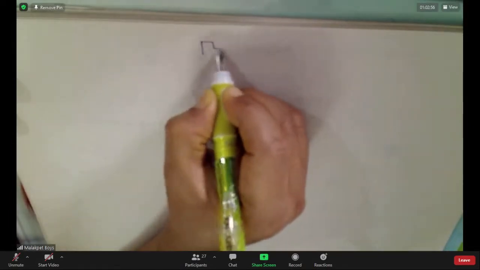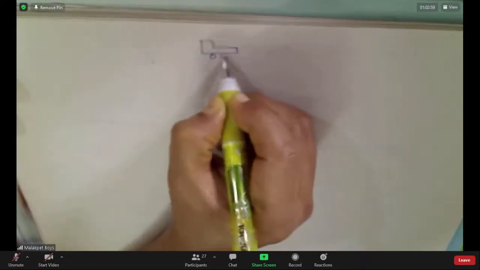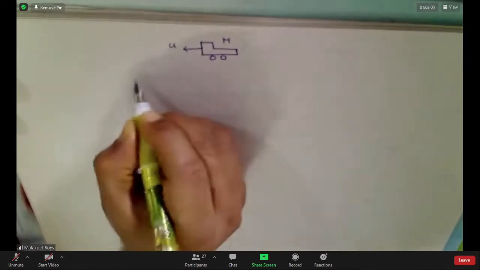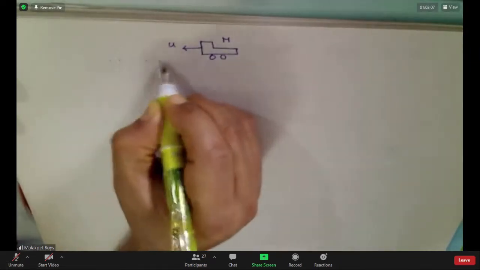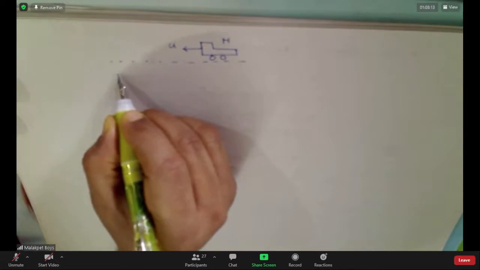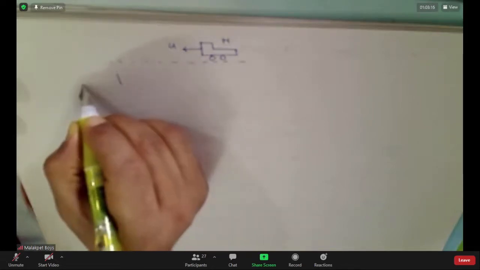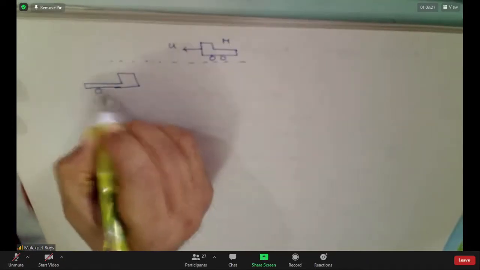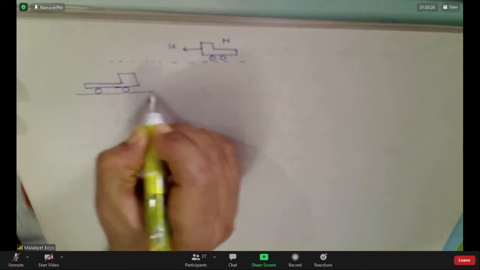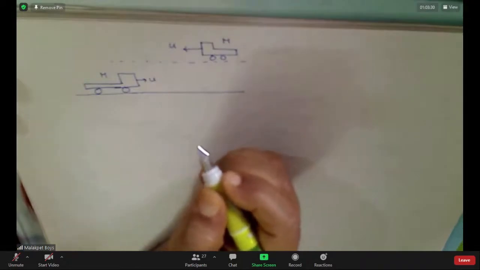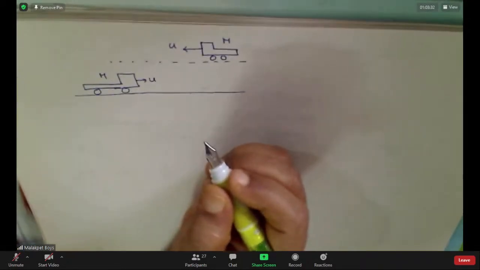This is one truck. This mass M is moving like this on this track. Now, another truck is moving in this direction.